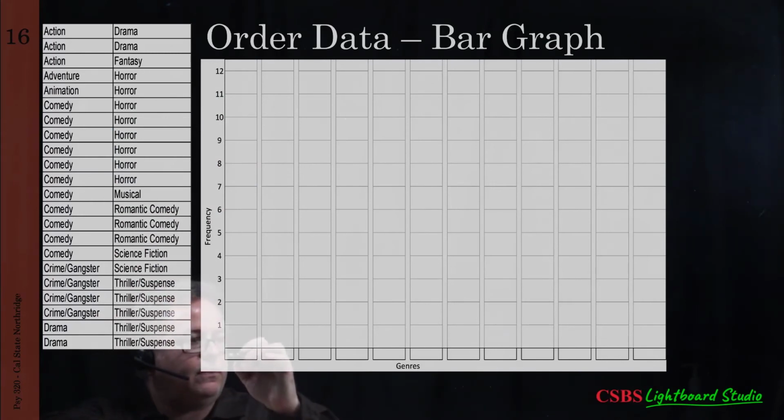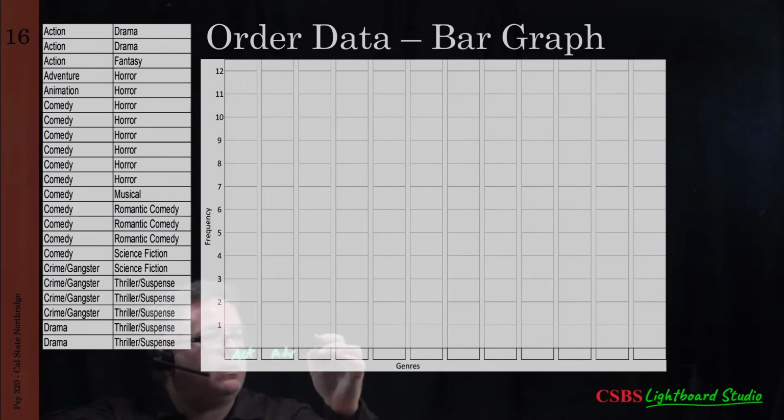So the first category would be something like, we'll just call this action. And then the next one is, we'll call it A, D, V for adventure. And then you got comedy, C-O-M.